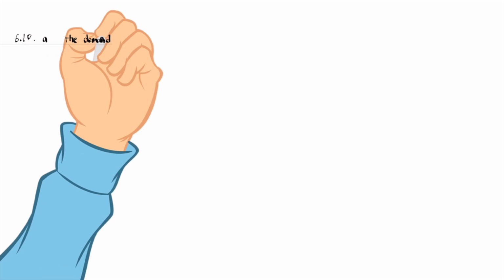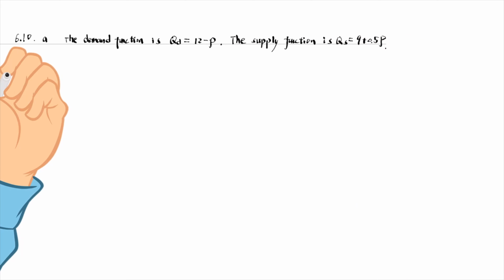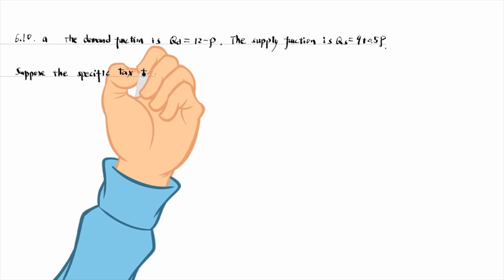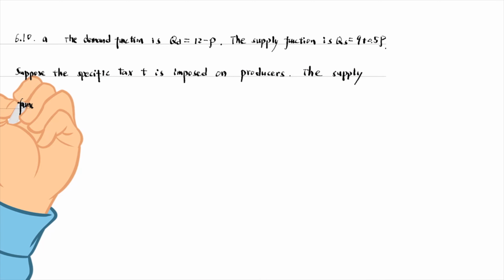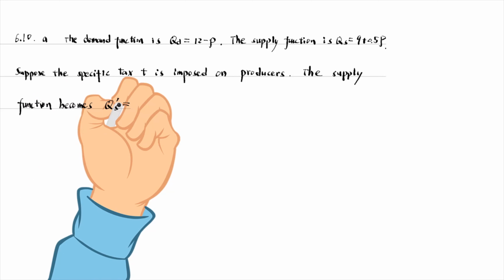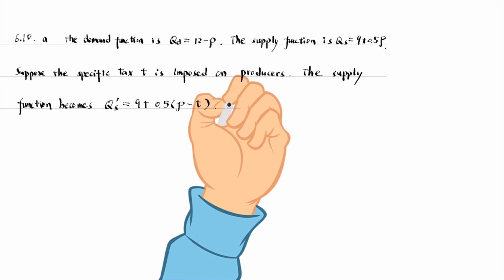Suppose the specific tax T is imposed on producers. The supply function becomes as follows. The producers must receive a price that is $T higher to supply the same quantity as before the tax.